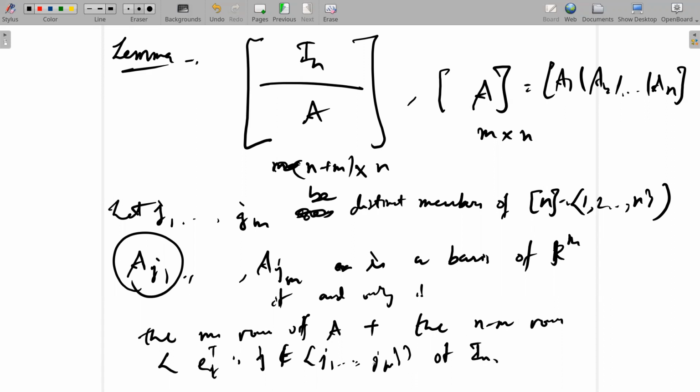Which n minus m rows of I_n? The e_j transpose. This is an identity matrix, so these are just 1, 0, 0, 0, 1, 0, and so on. So you remove all the rows that correspond to J1 through Jm. Whatever remains, you have n minus m. So in total you get n.